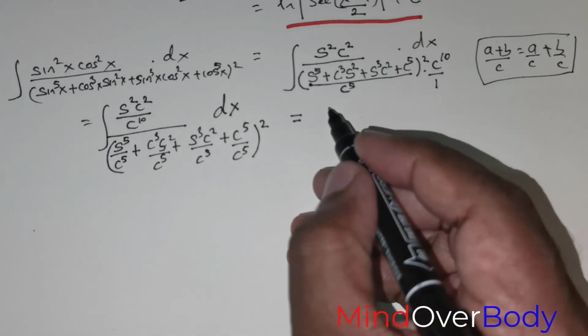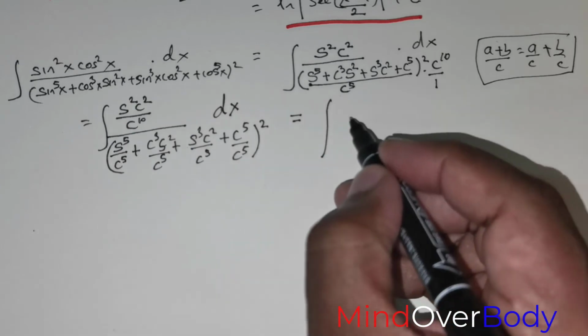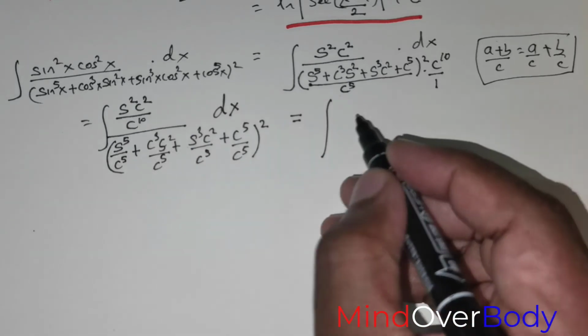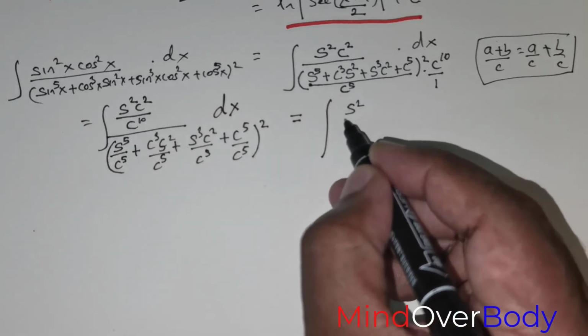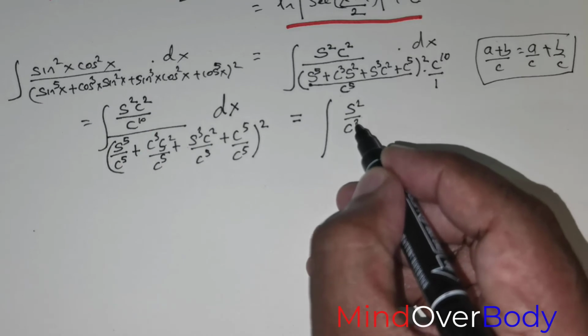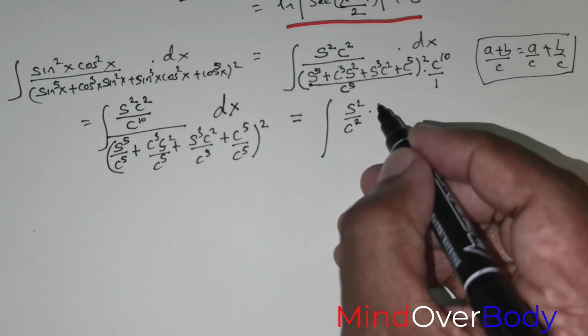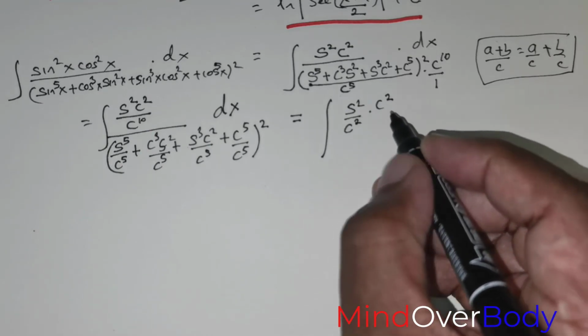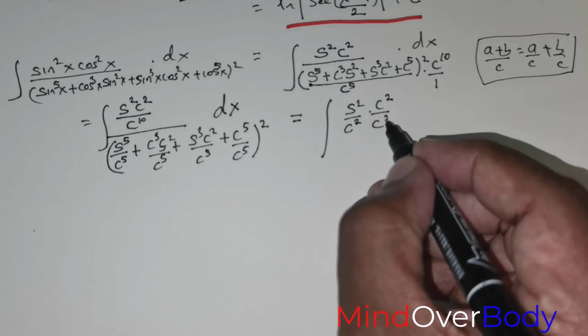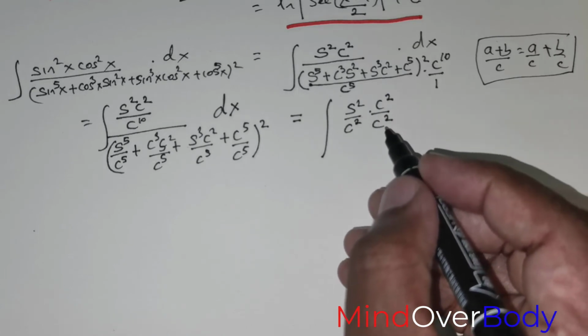So this is equal to, now I'm going to split the c raised to the power of 10 as s squared over c squared, that's one term, and then c squared over c squared, that's another term.